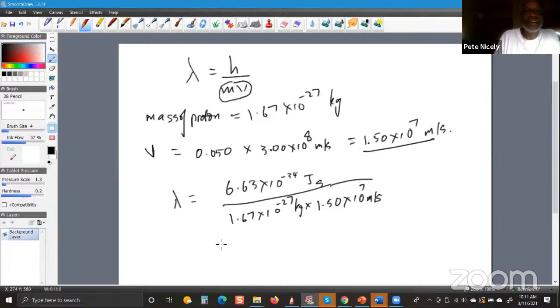Again, we do our number crunching: 6.63 times 10 to the minus 34 divided by 1.67 times 10 to the minus 27 times 1.50 times 10 to the 7. According to my calculation, this works out to 2.65 times 10 to the minus 14, and the answer will be in meters. That would be the final answer for question number 6.